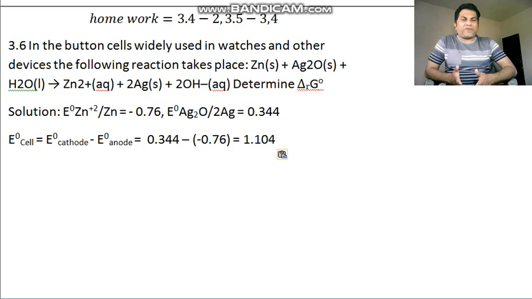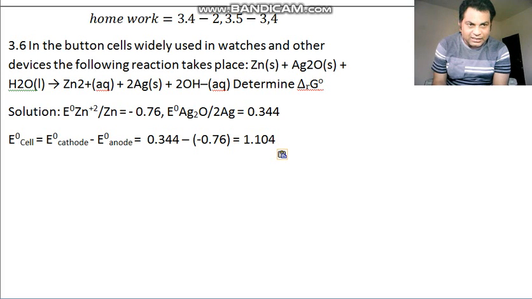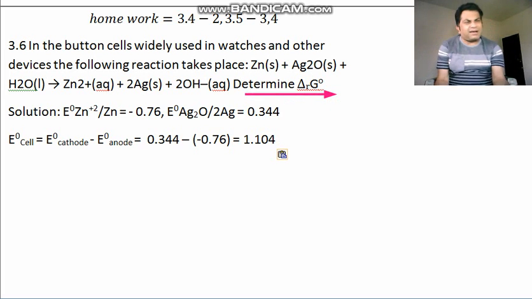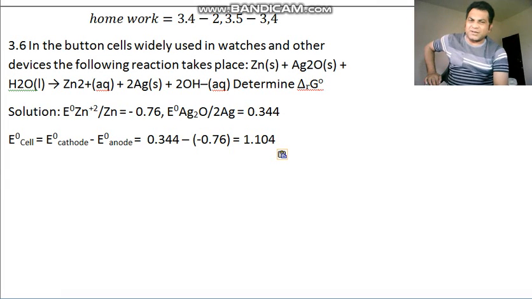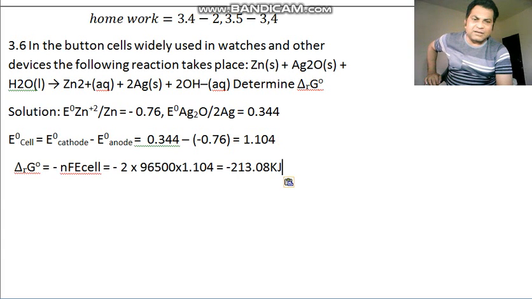Now here we have to find delta rG. હવે આપણે અહીંયા શું ફાઇન્ડ કરવાનું છે? delta rG. Yeah, now you know યાર કે delta rG ફાઇન્ડ કરવા માટે તમારી શાની જરૂર પડશે? minus nF E degree cell, and that you have found out. So now we will put the formula delta rG is equal to minus nF E degree cell, and here is the E degree cell that you got.